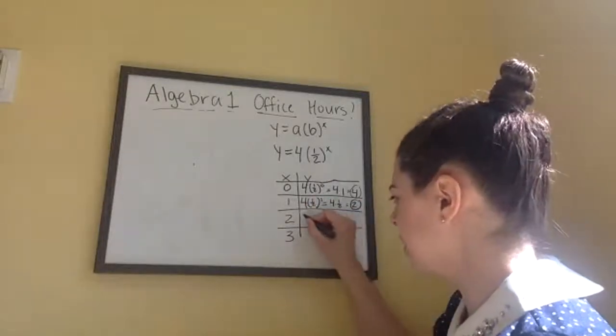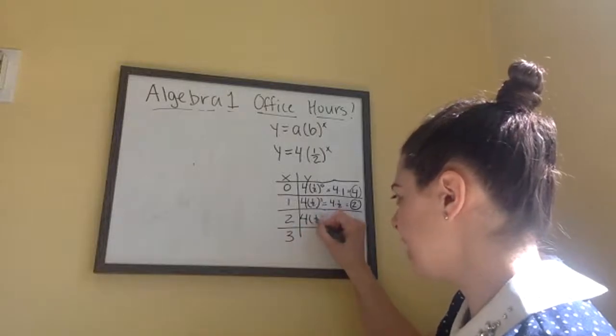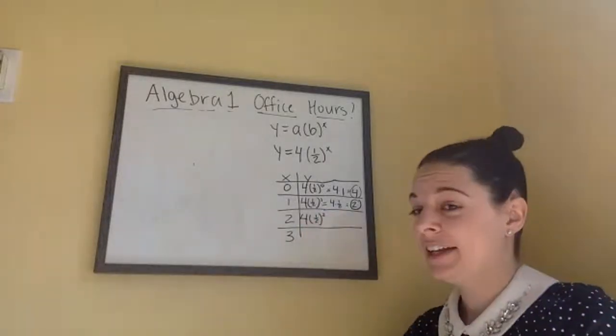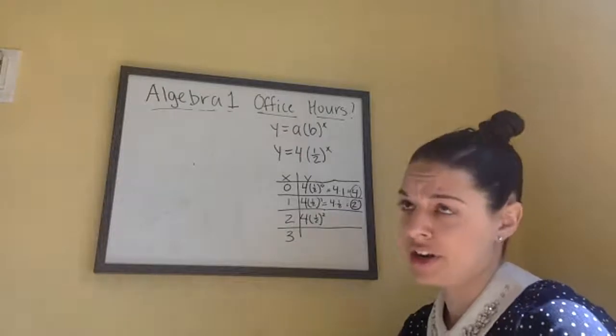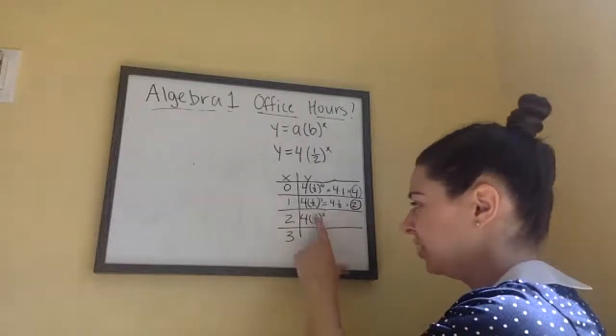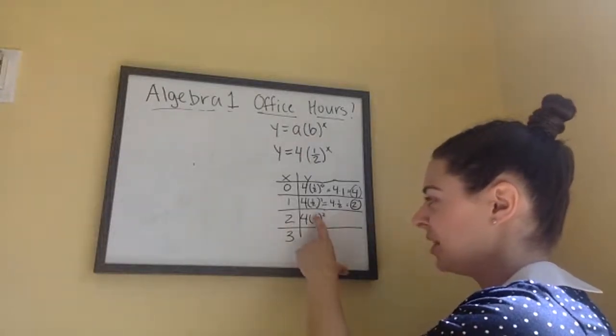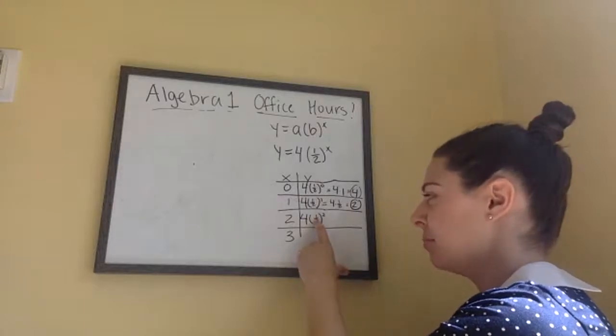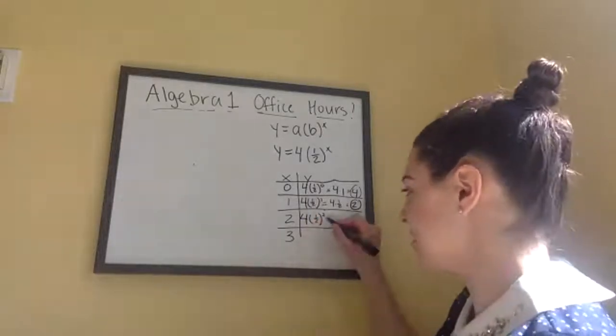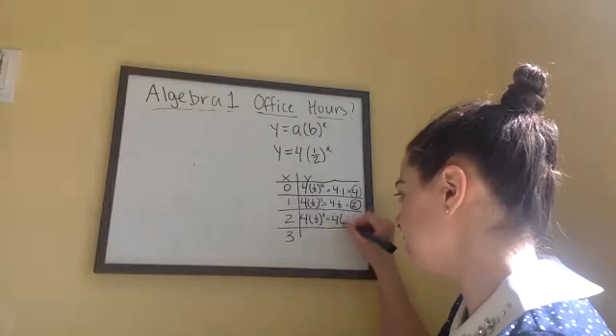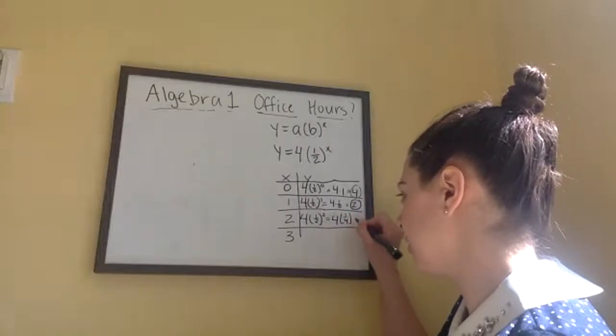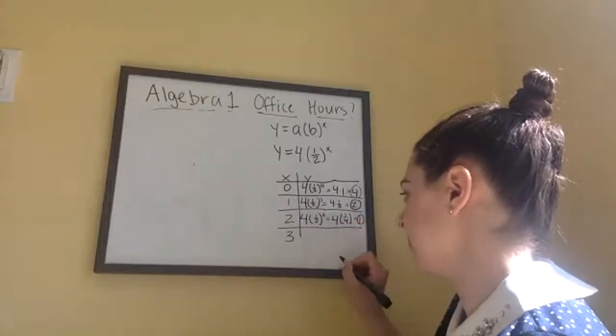My next point is 4 times 1/2 squared. Anytime you're squaring a fraction, or raising a fraction to any exponent, you're multiplying the numerator and the denominator by itself that number of times. So this becomes 4 times 1/4, which is just 1.